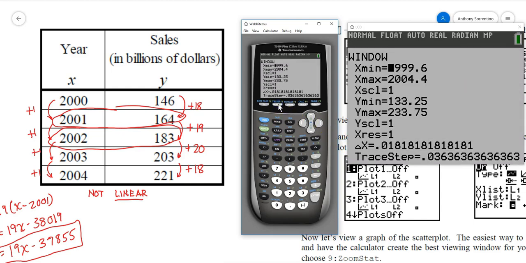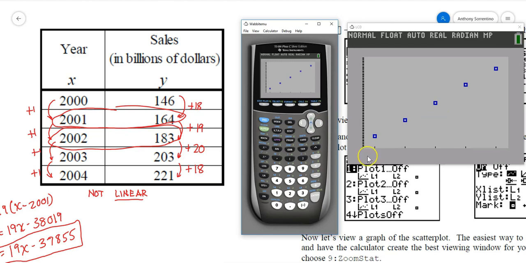If I looked at the window here, it's starting at 1996 and the max is at 2004, so the X minimum is not even negative. The same thing with the Y min, it's not negative either. You could change that if you want to see a better idea what the graph looks like, but for the sake of our purposes, this is my scatter plot.